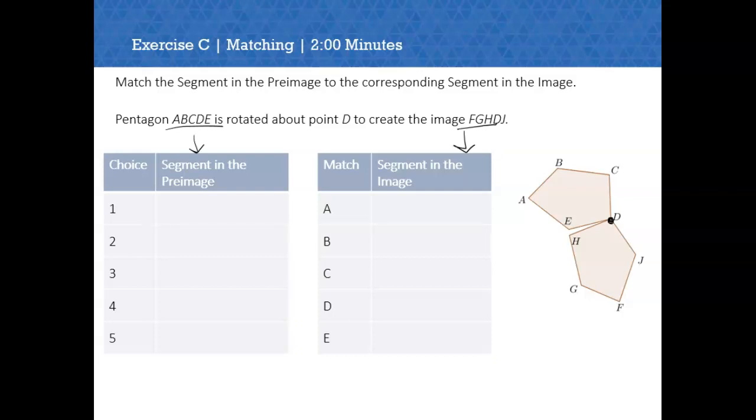So if we take a look at segment AB. Now remember, it's rotated about D here. So I think it's rotated all the way around this way. So AB matches up, in this case, with FG.